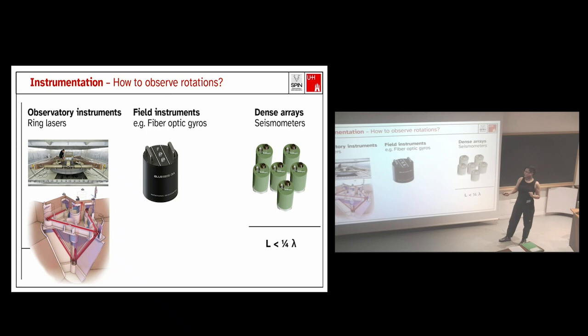The first one, and this is how it started, is with these big observatory instruments. This is the first one I think that recorded, or where we have papers that show seismological recordings of rotation. This is the Wetzel ring laser. So these instruments are typically built for geodesy, to look at the rotation rate of the Earth as a whole.